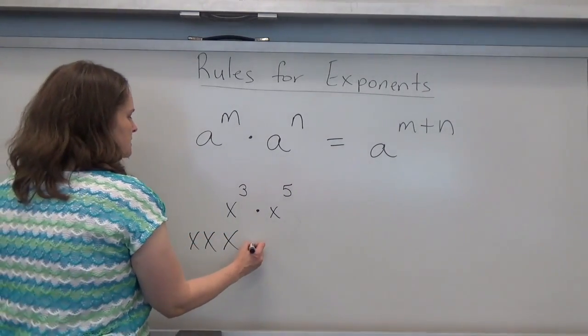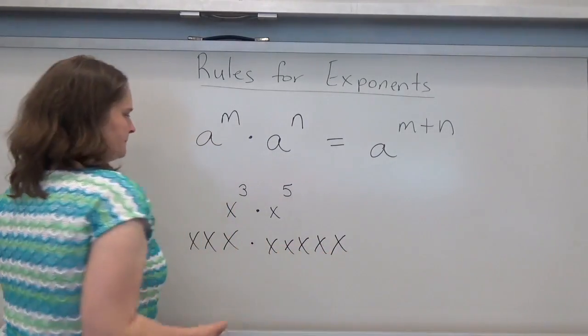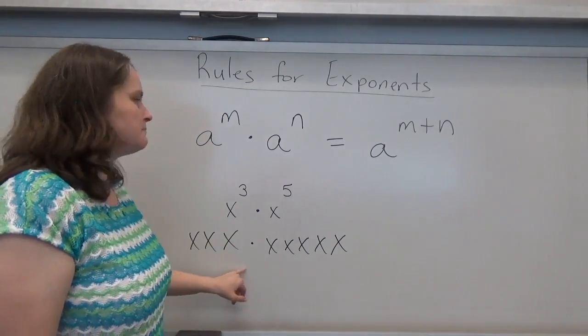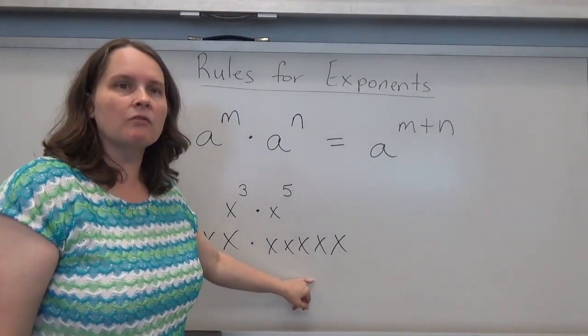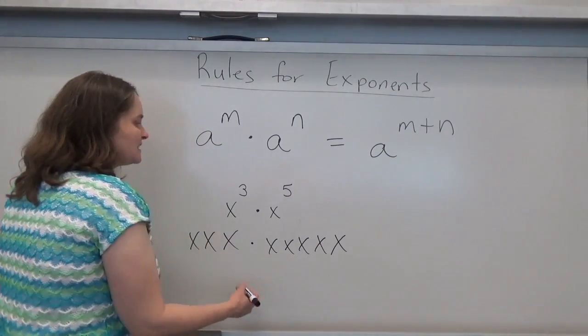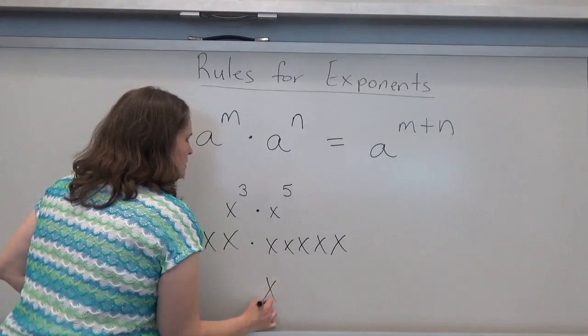So I could call this x times x times x times x times x. All of these are being multiplied together. So how many times am I multiplying x by itself? Well, if you count them all up, you'll see that you're multiplying x by itself 8 times. So that means that you have x to the 8th power.